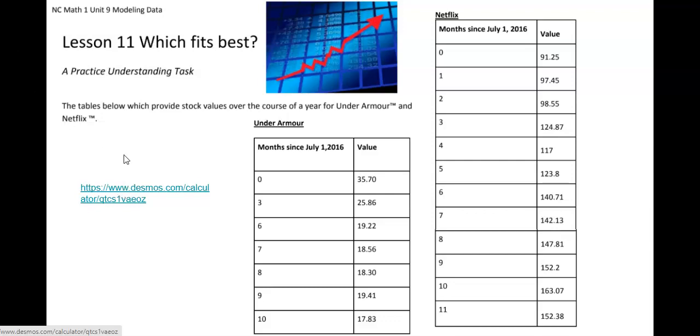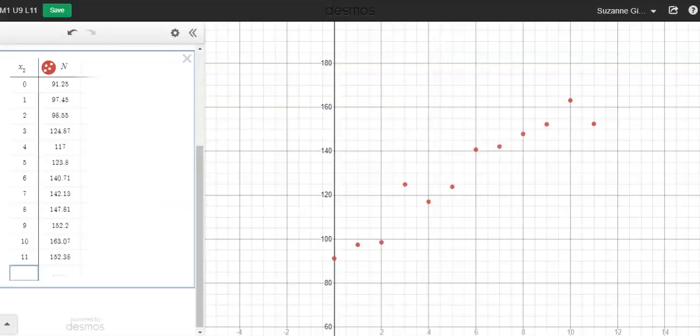So let's go to Desmos, where I have already entered our Netflix data, and with this one we'll find a linear regression model. So for the linear regression model, you have to, of course, have your data entered in first. And I have already pushed the little zoom fit button so that I can see all of my data right here.